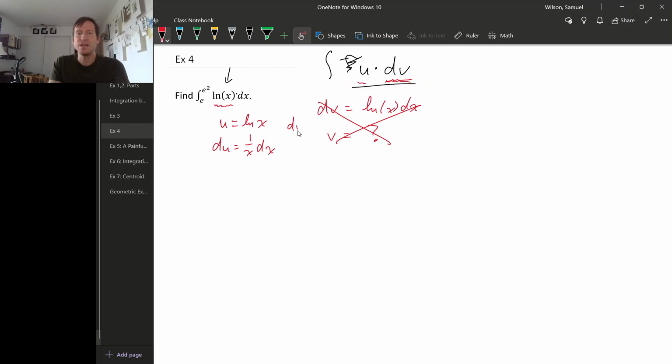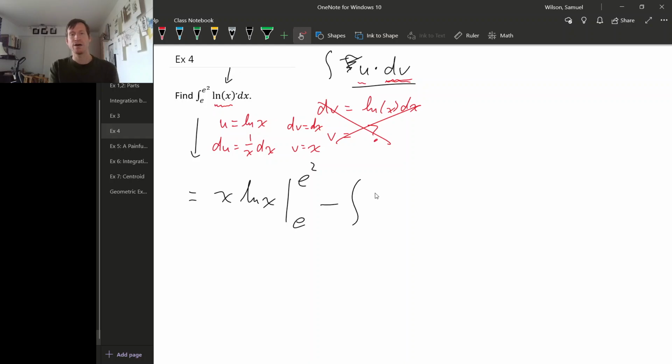So dv, well, there's nothing left in this integral except dx. So dv must be dx. And that means v is just x. So now we can do integration by parts here. So u times v, x times natural log x. And remember, this is a definite integral, so don't forget your bounds, from e to e squared, minus the integral of v du.